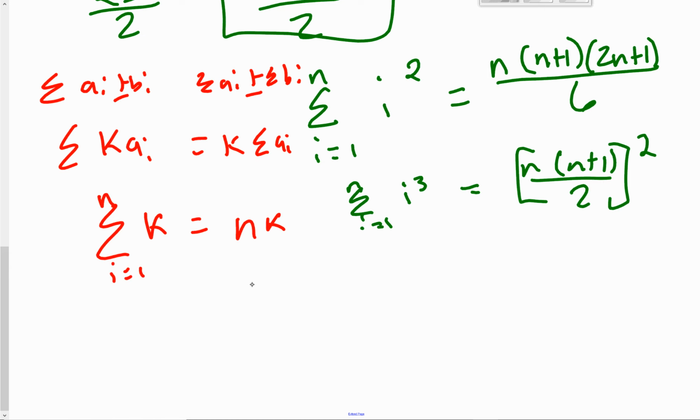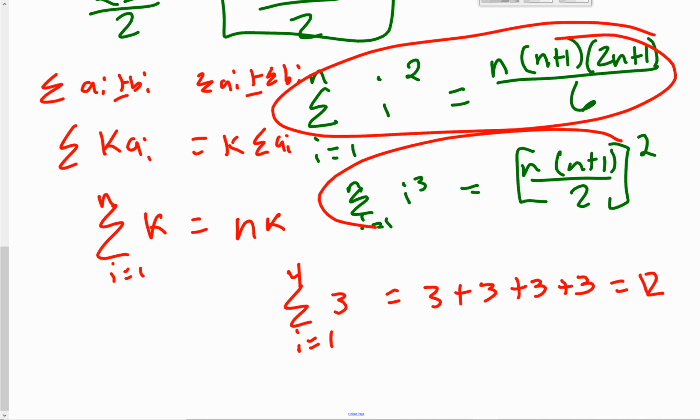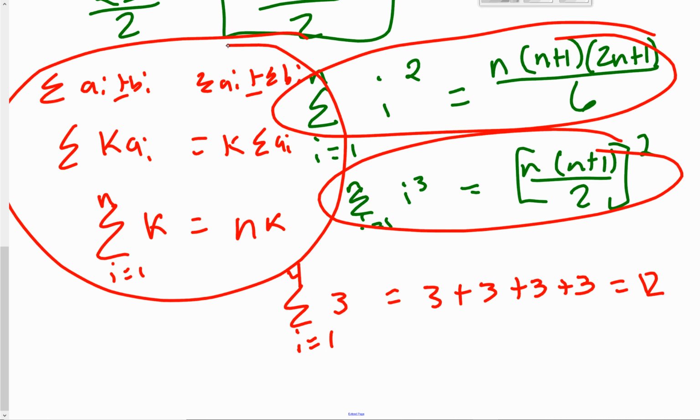So the sum of 3, starting at 1, say to 4, the constant 3 is just adding 3 4 times, right? So isn't that just 4 times 3? It's 12, right?